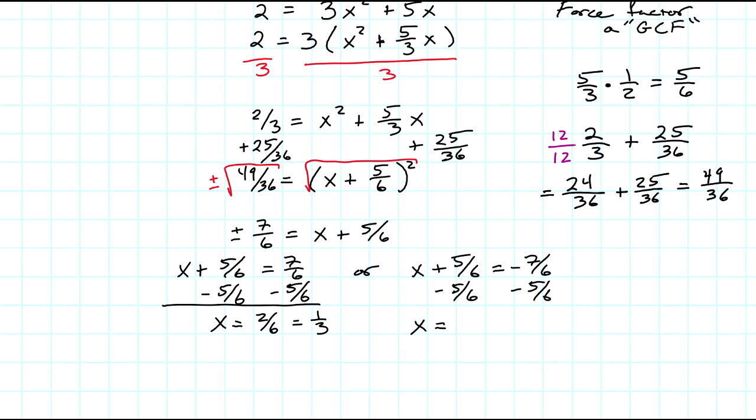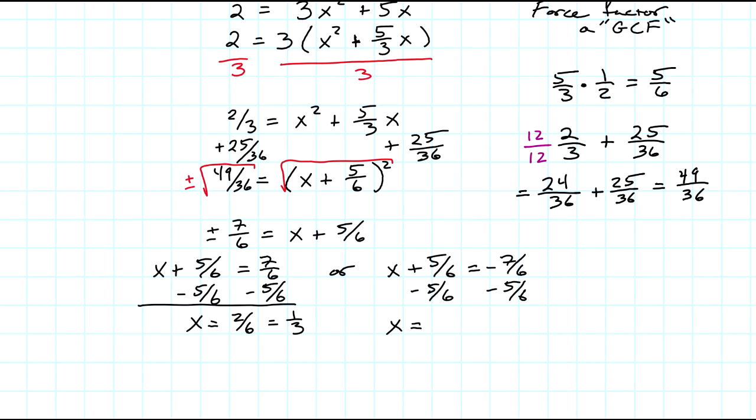We get x equals negative 7/6 minus 5/6 is negative 12/6, which reduces to negative 2. So our x-intercepts are 1/3, 0, and negative 2, 0.